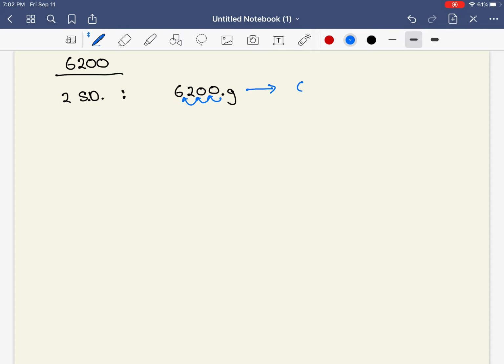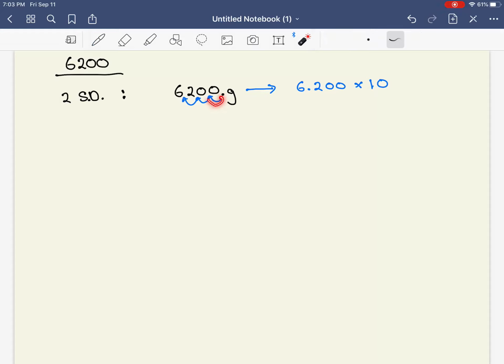When you do that, this becomes 6.200. Now, obviously, 6,200 is not the same thing as 6.200. That's ridiculous. Well, that's because I'm not done here. I would have to say times 10 to the power of how many places I moved that decimal point.